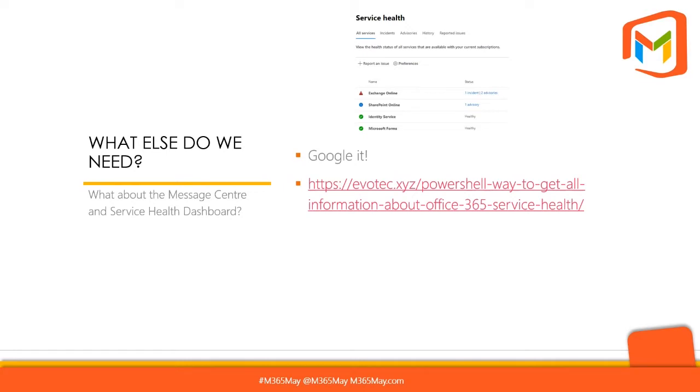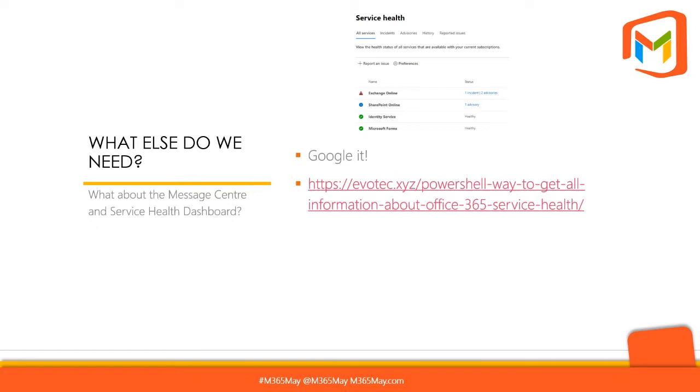You can set up to receive notifications if something happens, but quite often, I have quite a few different customers. I'm a consultant, and so I need just one script that I can log on to each individual tenancy, get the information for each customer, and send it to them.